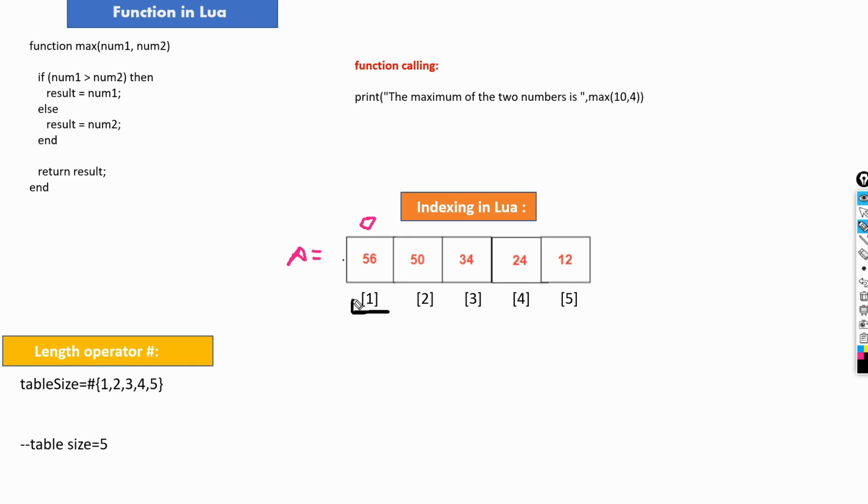Remember these things. These are very, very important things. When you start coding, you may get some doubt about why over here it's 1, not starting from 0. Those are the things that you should know. If you know all these basics, then it's more than enough to code anything in Lua for robotics.